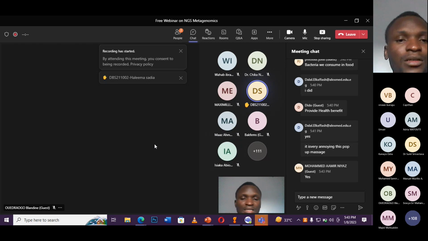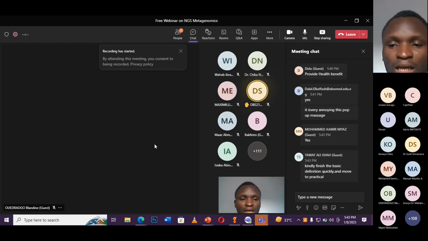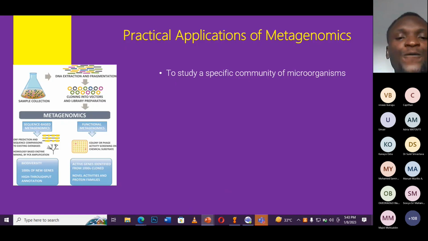The other time I was talking about genetic material, and I said they are DNA, RNA, and protein, right? So if you are getting genetic materials from the environment, there's a reason. This is how it starts. If you are to embark on metagenomic research, first you get the samples from whichever environment you want.